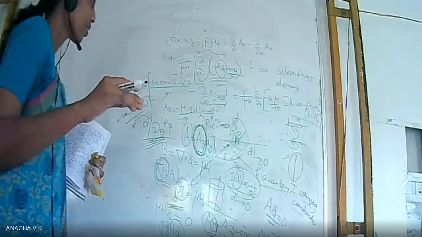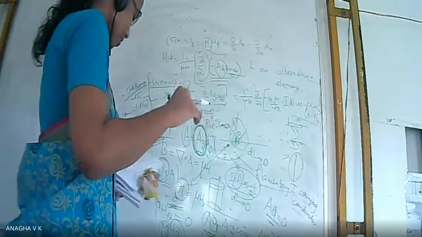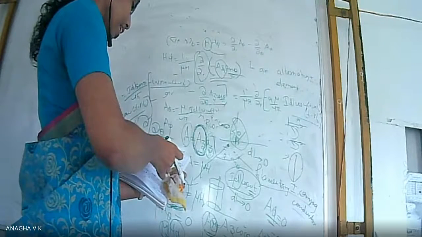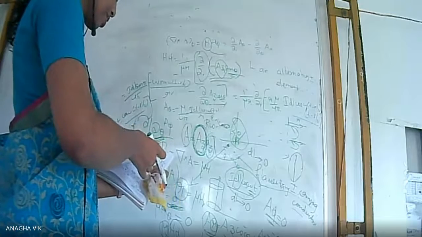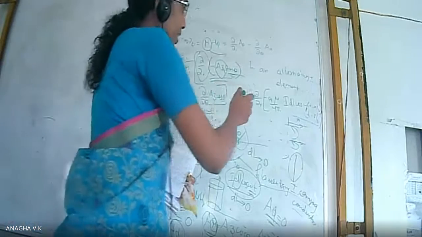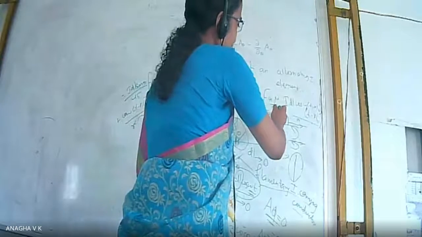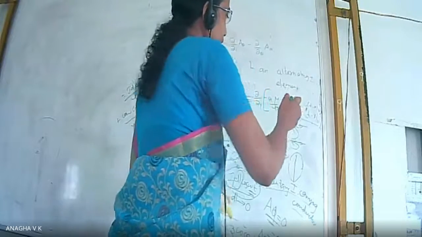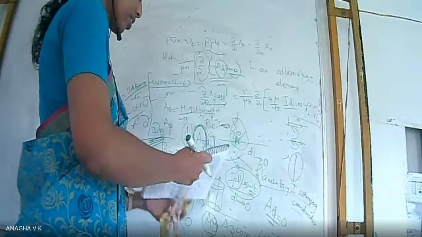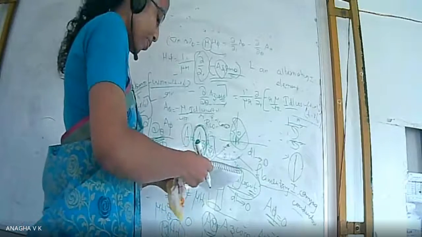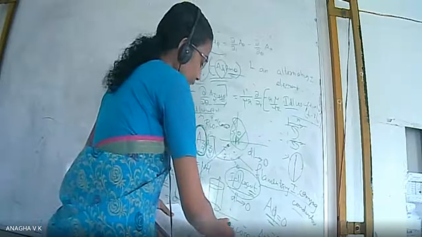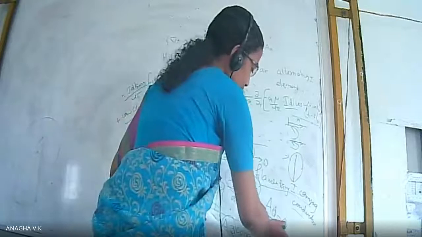So del square A equal to del square A_z equal to minus mu J_z. So the A_z equation you know already: A_z equal to mu I dl by 4 pi cos omega into (t minus R by v) by R. So we substitute A_R and A_z here.